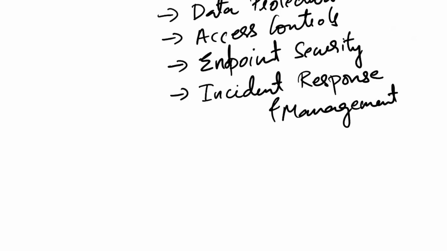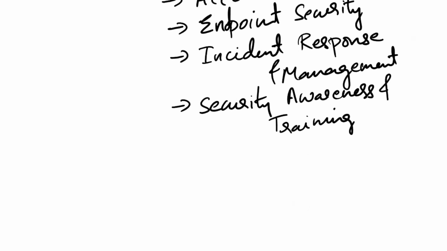Verify the regular testing and refinement of the incident response plan. Next, security awareness and training. Evaluate the effectiveness of the organization's cybersecurity awareness program and training initiatives for employees. Ensure that employees are informed about security best practices and potential threats.